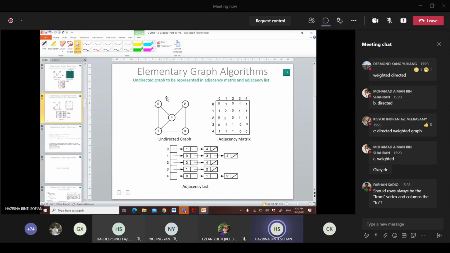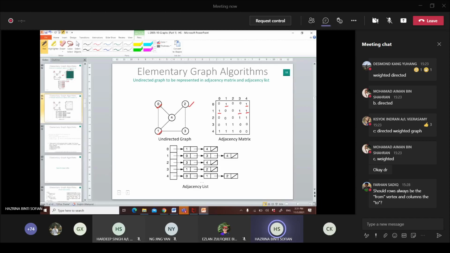For instance, let's do vertex 0 first. Vertex 0 can go to 1 and 4. But vertex 1 can go to 0, 3 and 4.